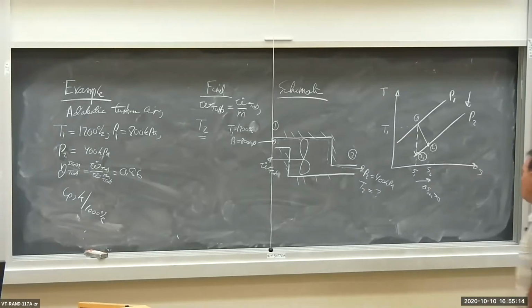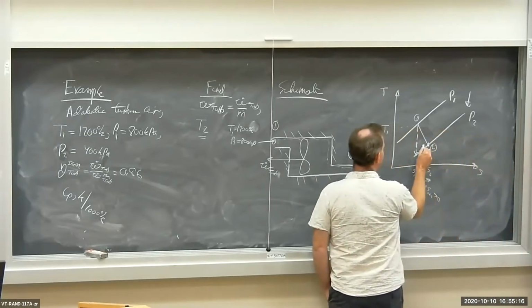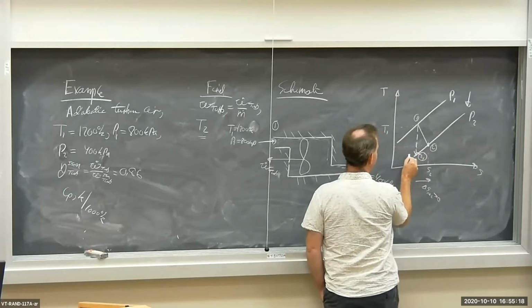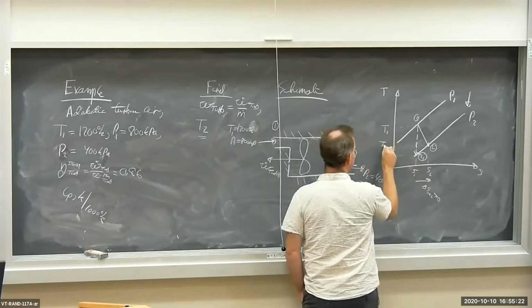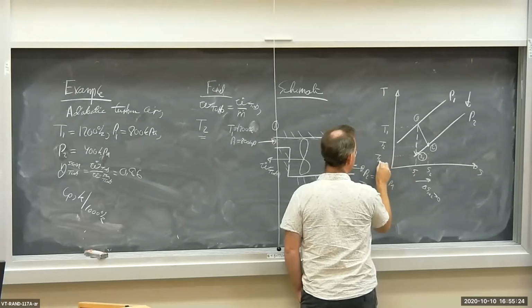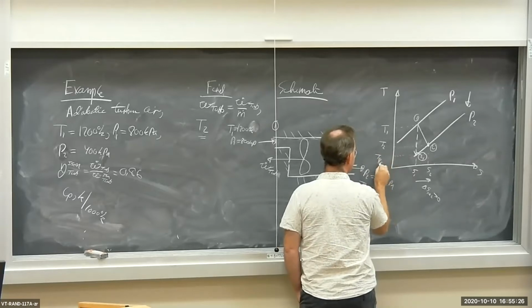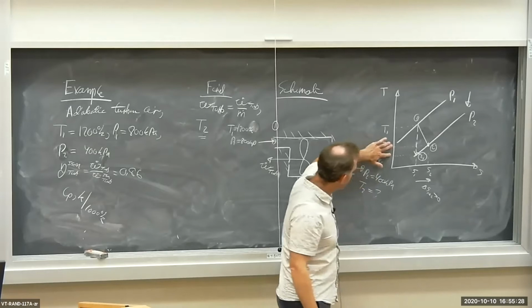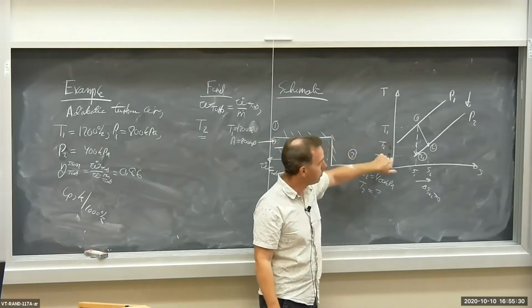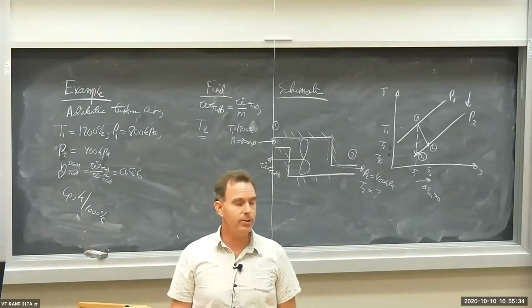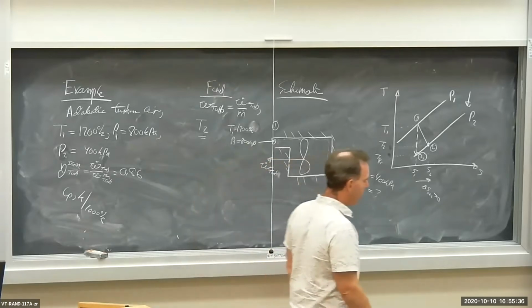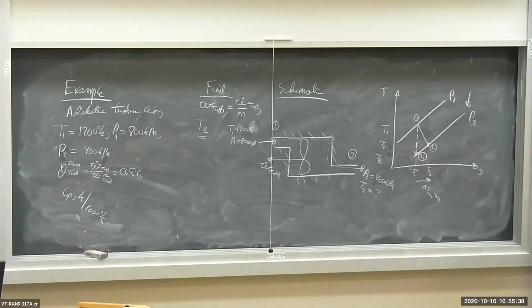Now notice that the real device has a hotter exit temperature than the reversible device. So this is T2 and this is T2 sub S. T2 sub S is lower than T2 because we're not extracting the maximum possible power or energy from the flow.